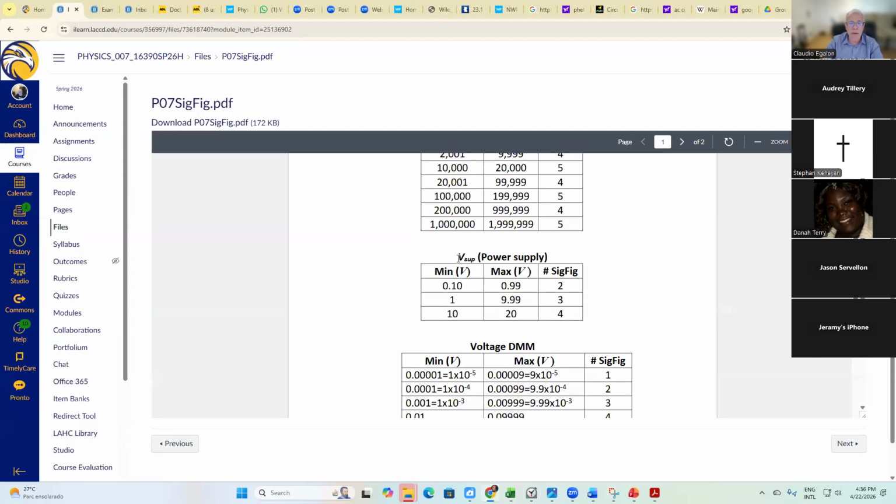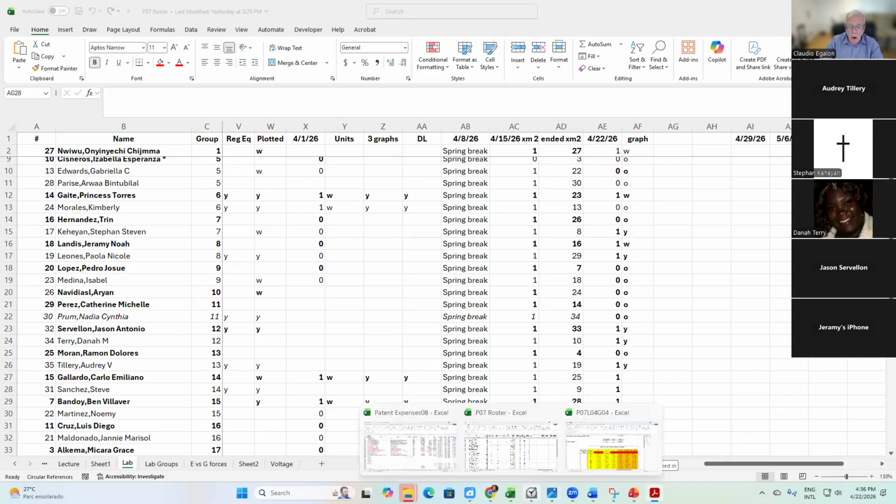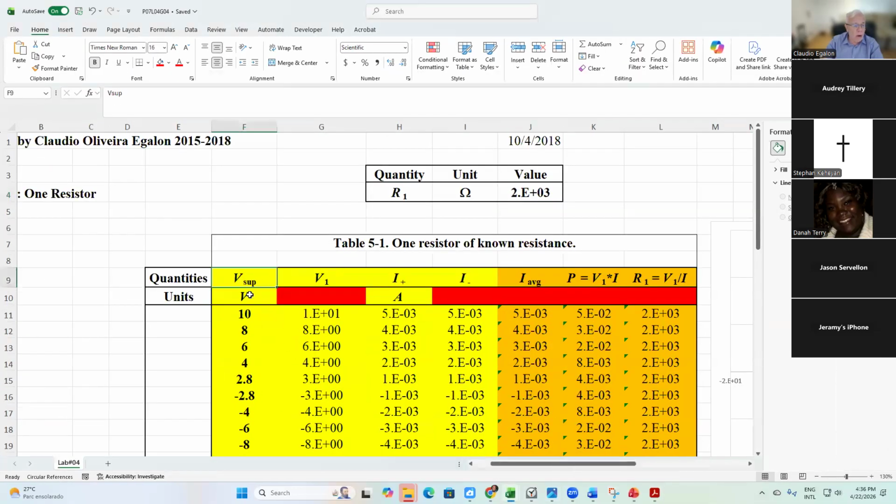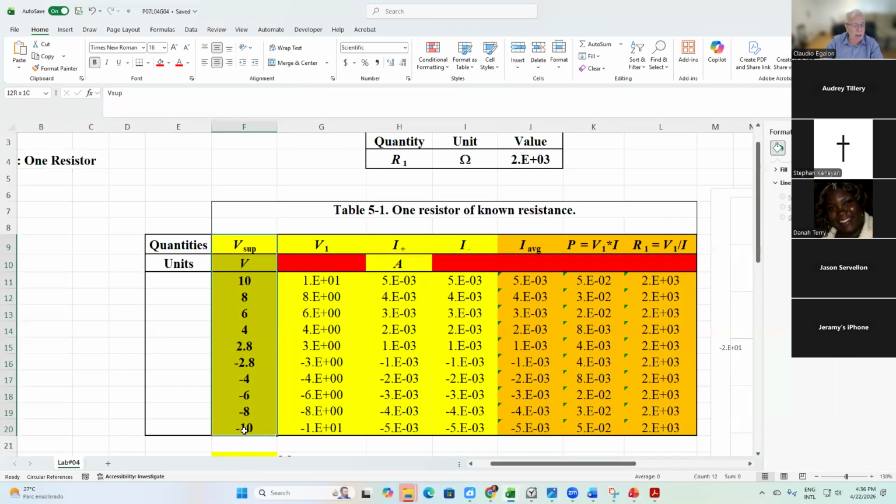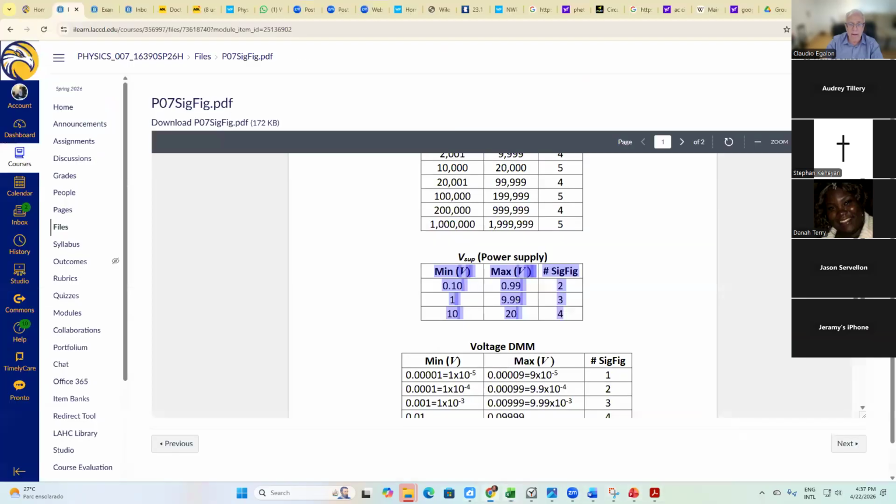Now, do you see V sub power supply here? We also have significant figures. Can you write that down so you don't forget? For this column, the V sub power supply, you use that second table that you saw. It shows here the number of significant figures.